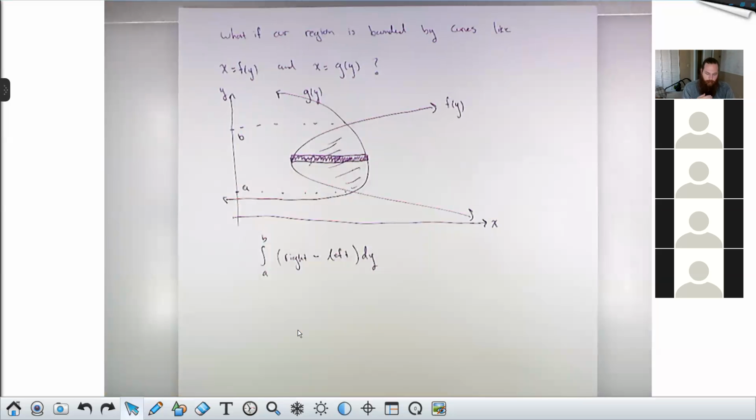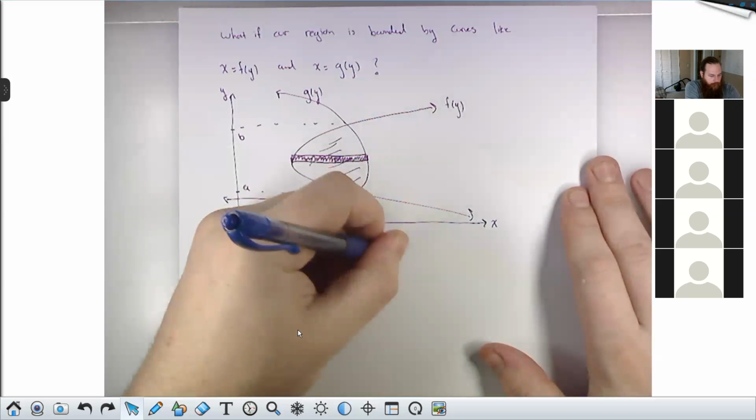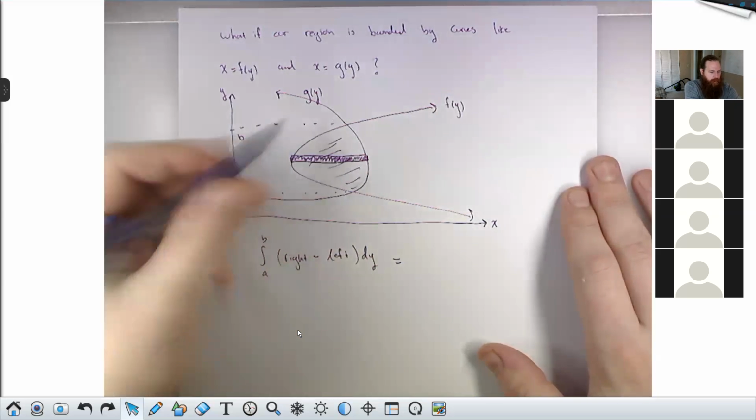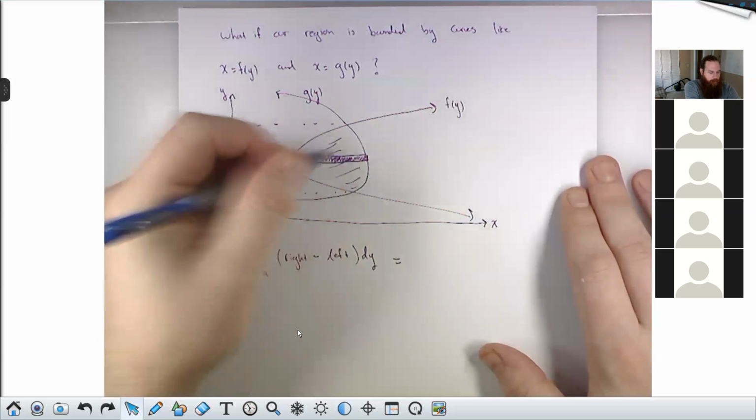So this is a place for you to practice getting comfy with dy integrals and setting regions up and drawing pictures where your functions are functions of y rather than functions of x. So here, in this particular problem, my rightmost function is the g function, and that's true everywhere in this region.